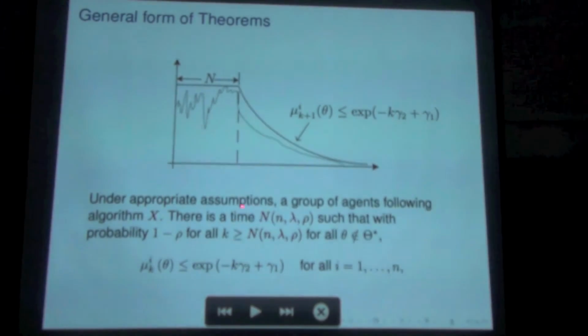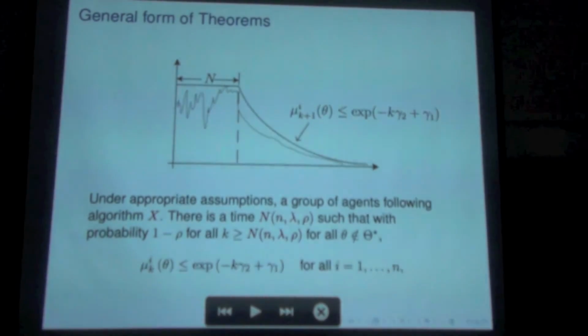Under appropriate assumptions, which I'm ignoring for the moment, the group of agents that follow each of the algorithms that I showed you before, there exists a time n such that after this time n, with probability 1 minus rho, for all k bigger than this n, the beliefs on the wrong hypothesis, on the non-optimal ones, are going to decay exponentially fast with parameters gamma 2 and gamma 1.